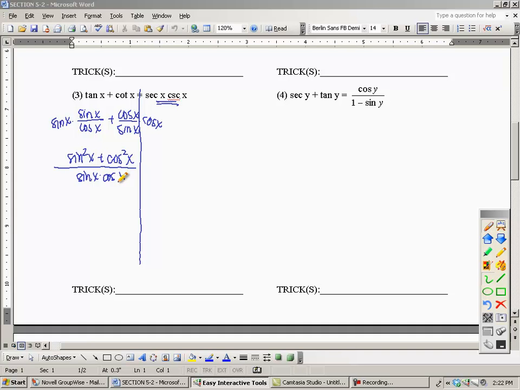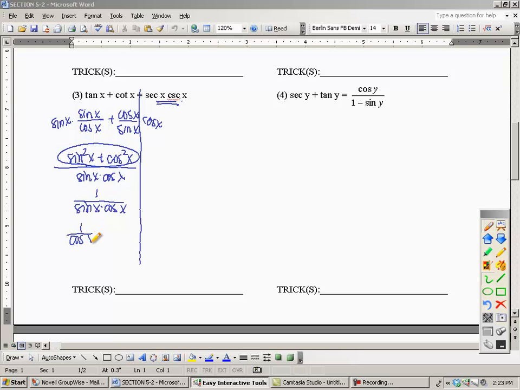All right, we'll take a look. What do we see? Numerator, this should be ringing a bell, because sine squared plus cosine squared is 1. So you have 1 over the sine times the cosine. And I can split these 2 up, because this should be looking like, oh, hey, secant and cosecant. I'm going to write this as 1 over, and I'm going to switch my order so they're in the same placement as the one on the right.